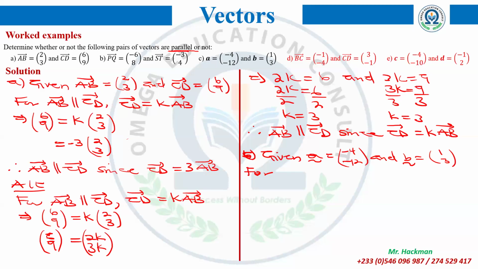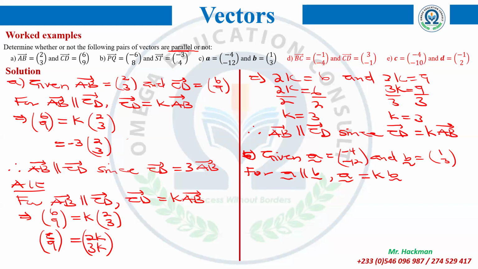Obviously, it will be vector A. So I'm going to state that vector A is parallel to vector B. For vector A to be parallel to vector B, vector A should be a scalar multiple of vector B.